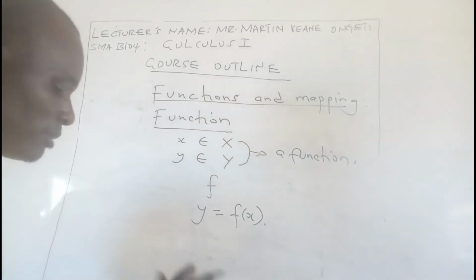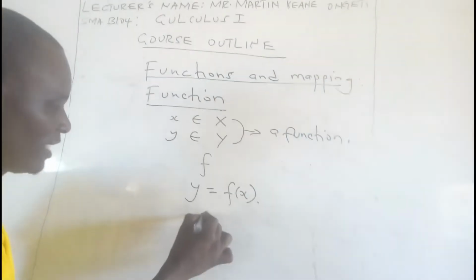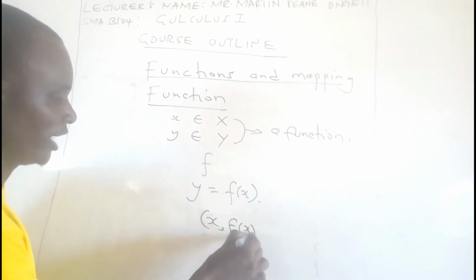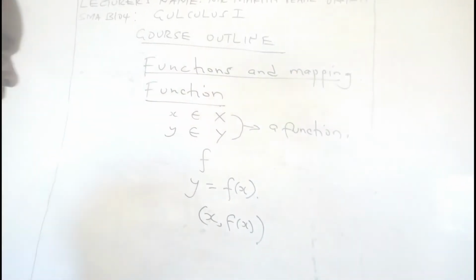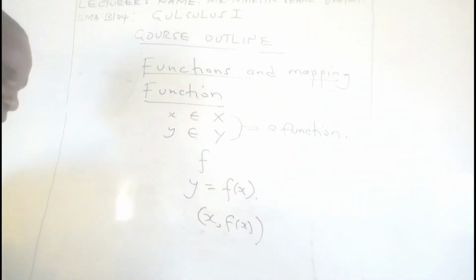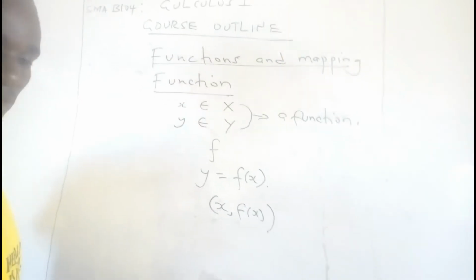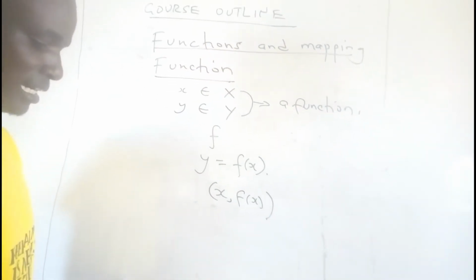A function can be represented in pairs, that is x and f of x, where f of x represents y, on a Cartesian plane, and it can also be plotted when we do what is known as graphing.